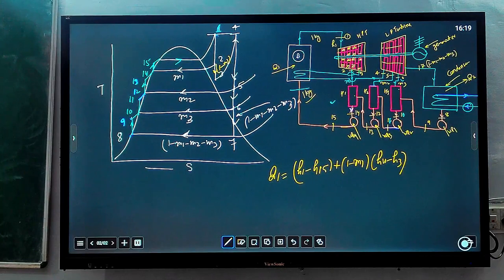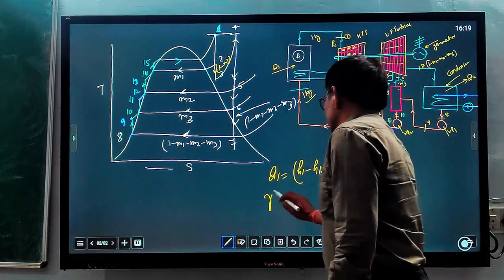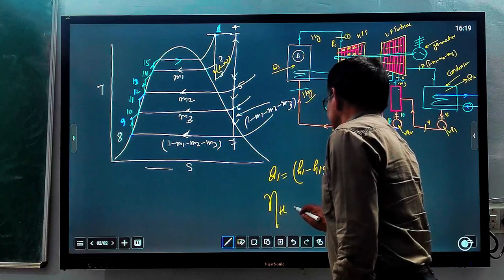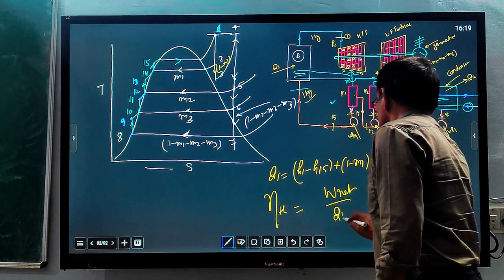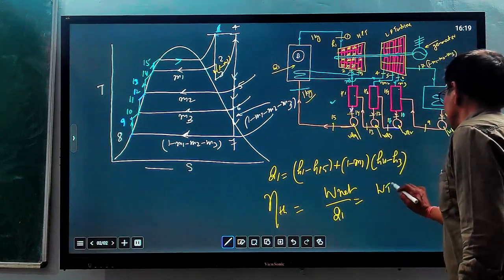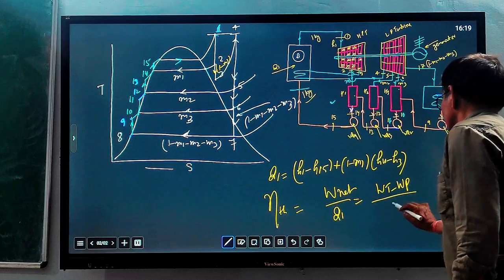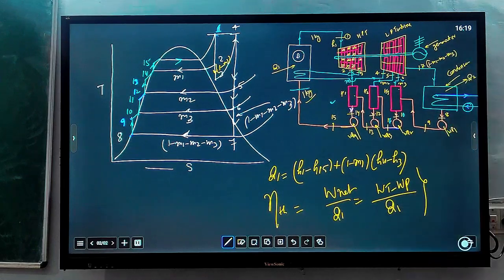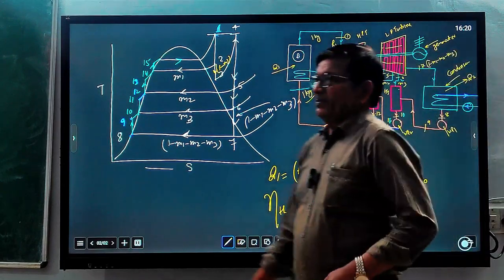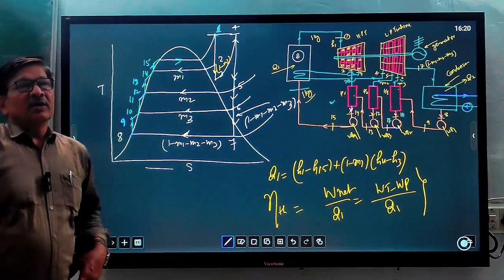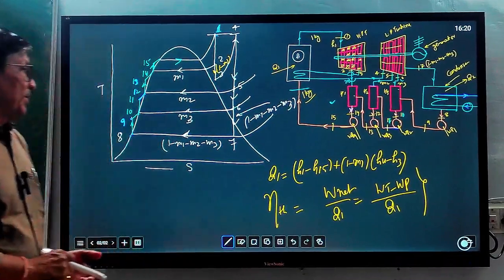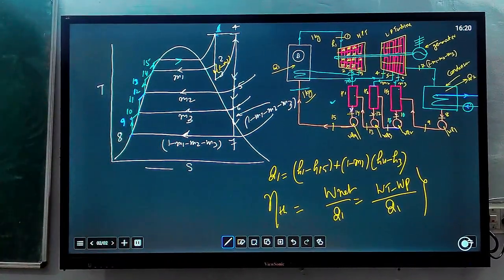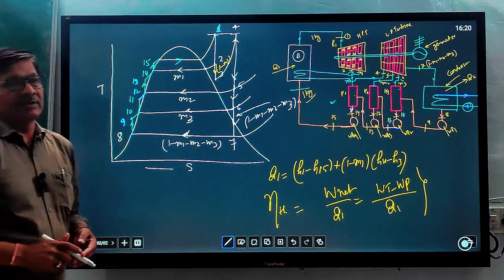For finding out thermal efficiency, thermal efficiency equals W net upon Q1, equals WT minus WP upon Q1. All parameters we have already calculated. Putting all parameters in this equation, you can find out the thermal efficiency of the power plant, or the Rankine cycle efficiency of the combined reheat and regenerative process. Another thing that is sometimes asked is to define steam rate.